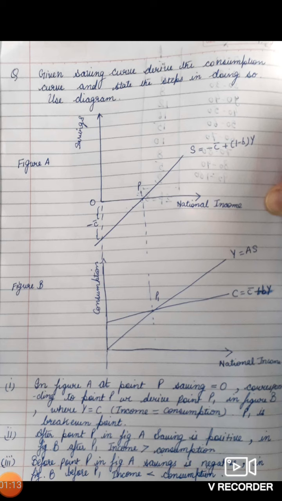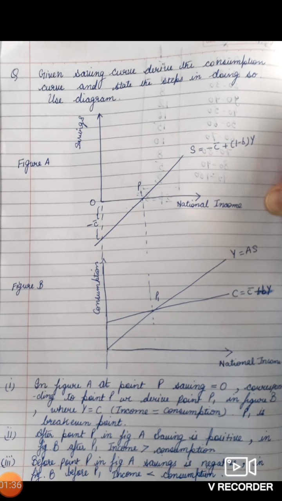At this point we will draw the consumption curve touching the income line. In this way you will draw this graph. Minus c bar is given in the saving function, and c bar will be taken in the consumption function. The distance from the origin till the line C is c bar.